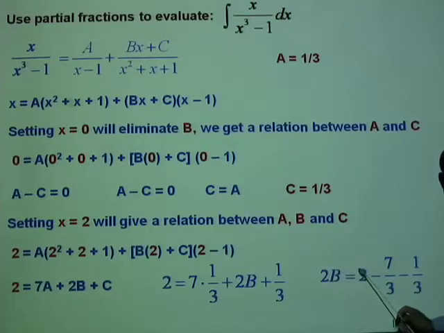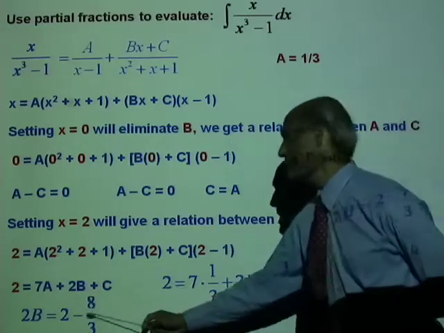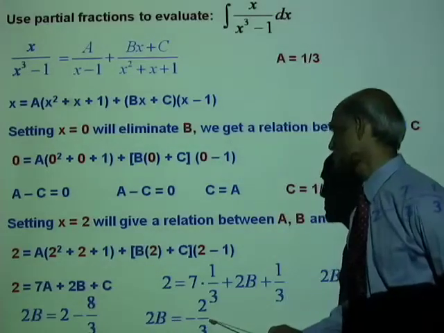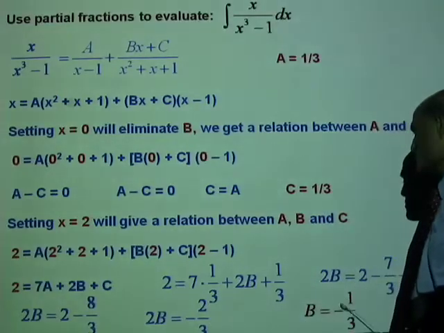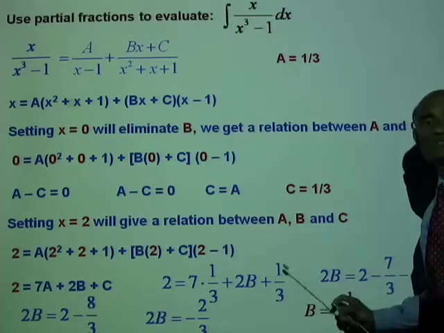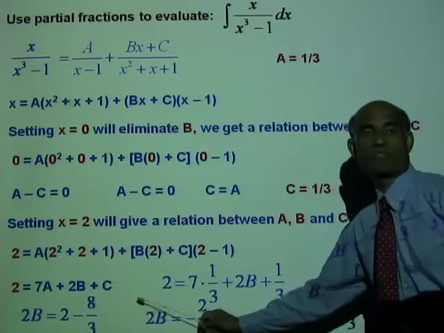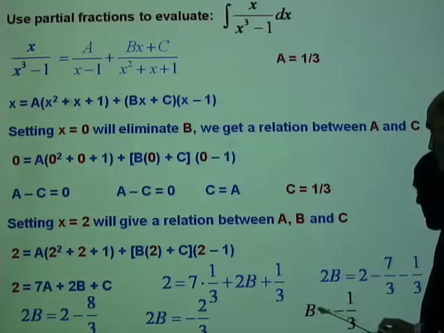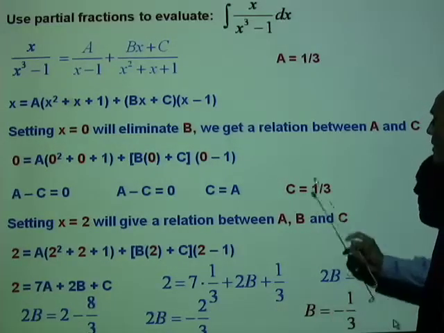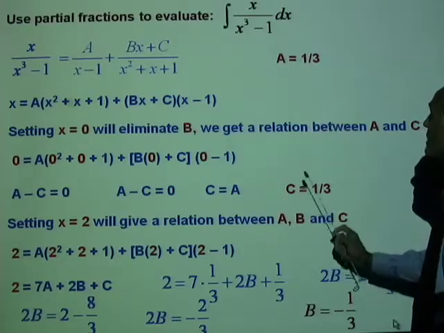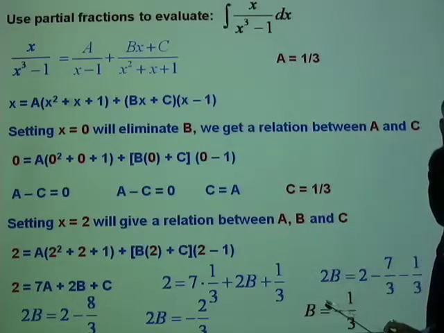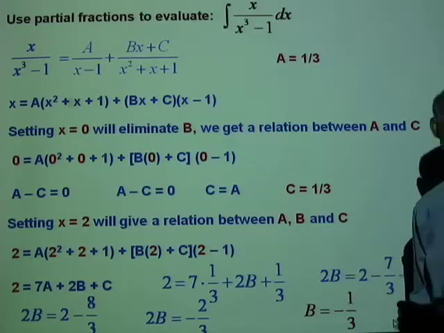We get 2b equal to 2 minus 7/3 minus 1/3, and that will give you b equal to negative 1/3. Now try it on your own. That's not very difficult. So a equal to 1/3, c equal to 1/3, and b equal to negative 1/3.